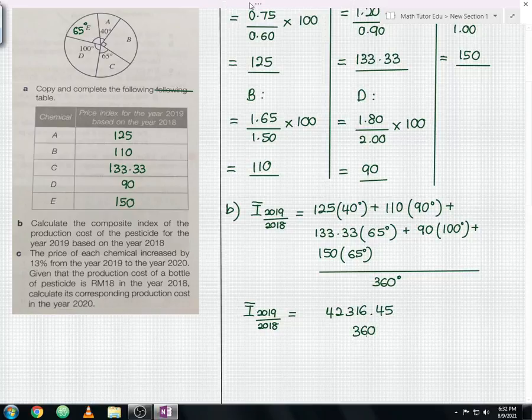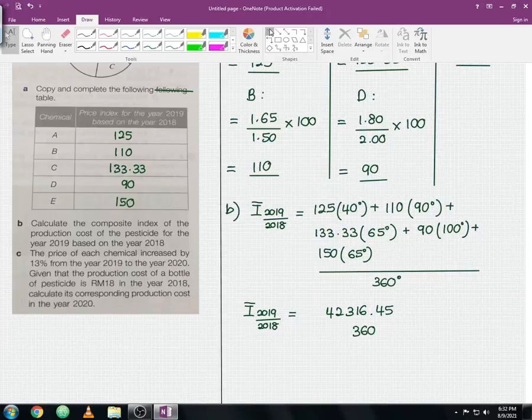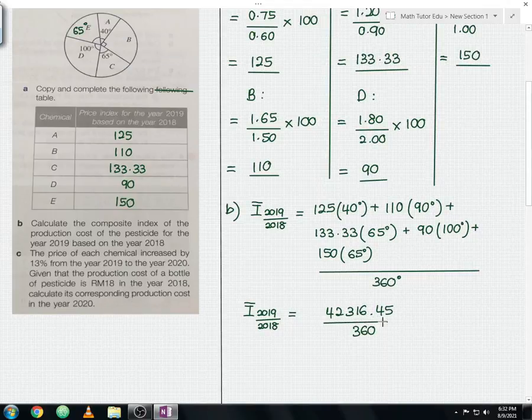Let me underline the fraction. Now you can ask me, why are the angles missing? Basically, in the numerator and the denominator the angle is available. Since angle is a unit, and you divide unit by unit, it is possible to cancel them out. That is why I am not including the degree in my calculation over here. So it is understood, guys.